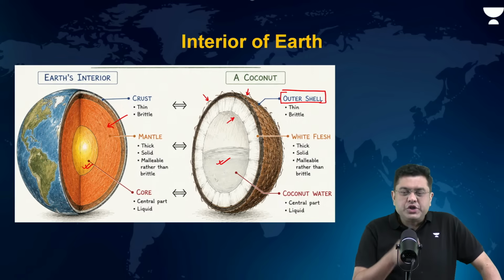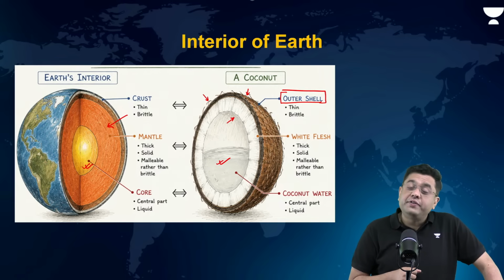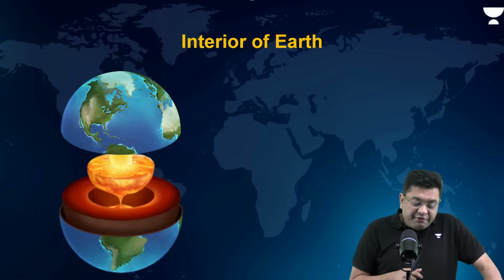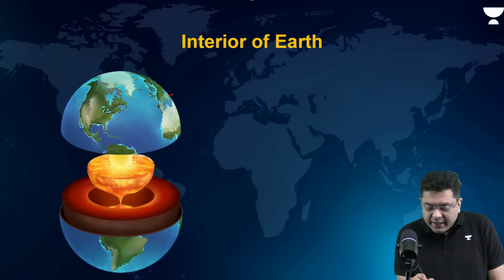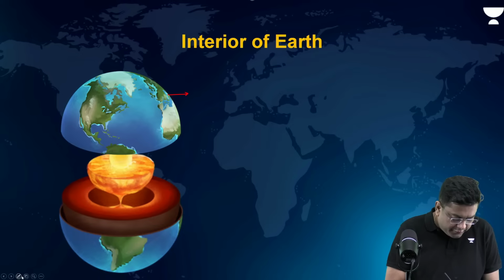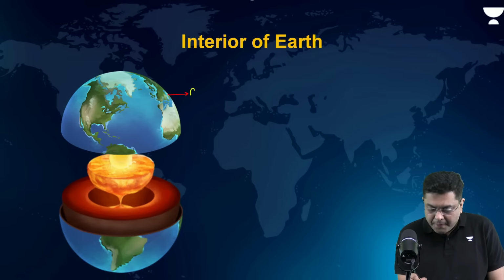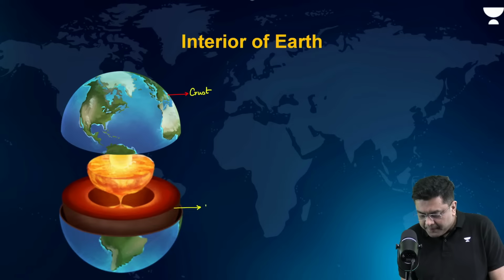There is a variation. What is the variation? The variation you will see if you observe the interior of planet Earth. This is your portion of crust. This is the portion of mantle. This is the portion of the core.